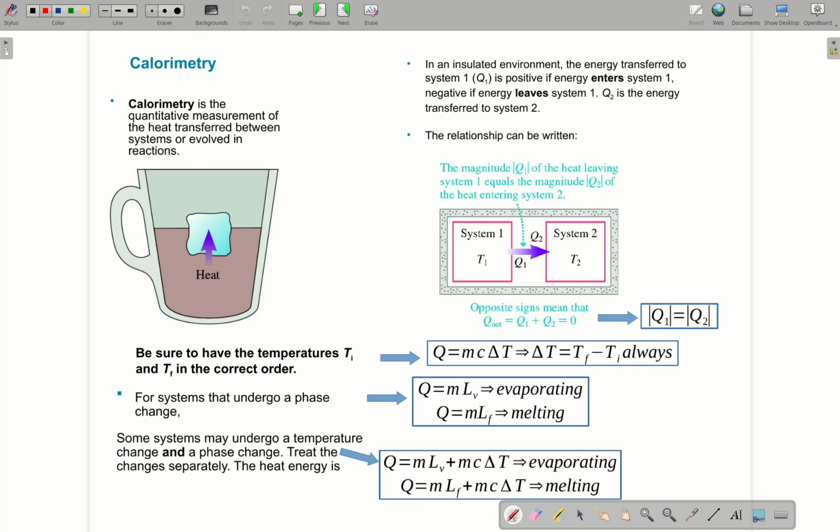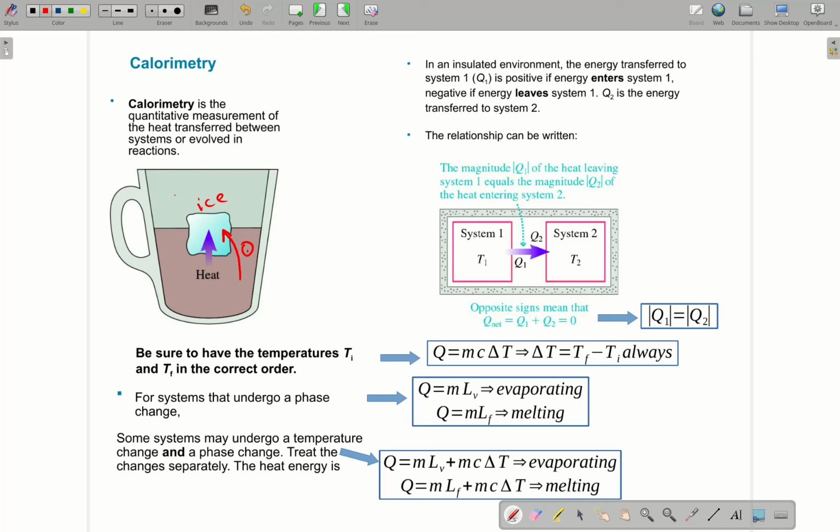Calorimetry is the quantitative measurement of the heat transfer between objects. I already mentioned that, although we didn't explicitly calculate it, we said we put silver in water and one will be given heat, one will be taken here. If we have ice, it will be the other way around. Let's say we have ice here. I think we do because it says heat into ice. So water will give heat to ice.